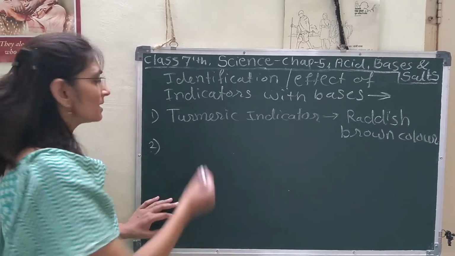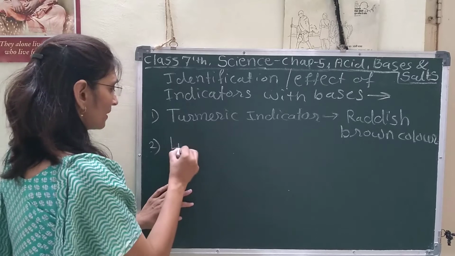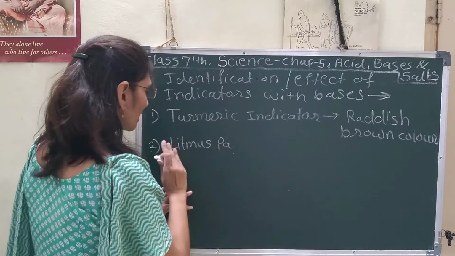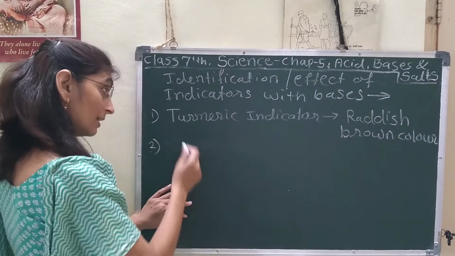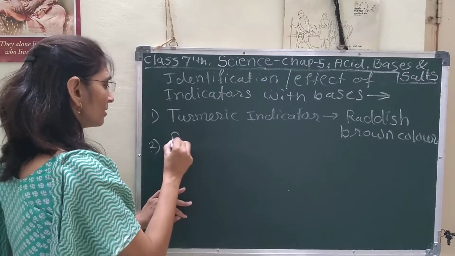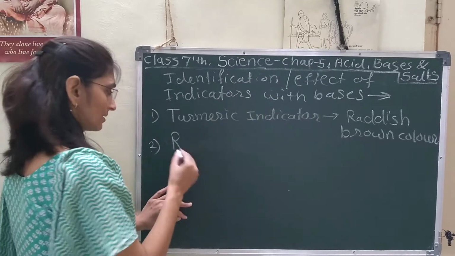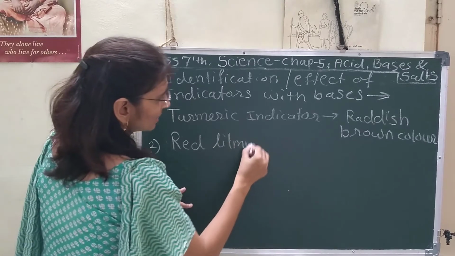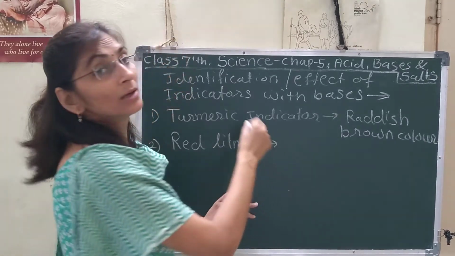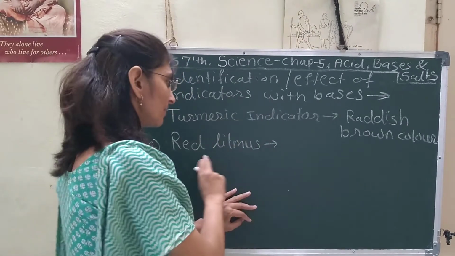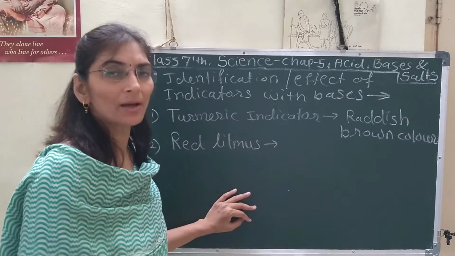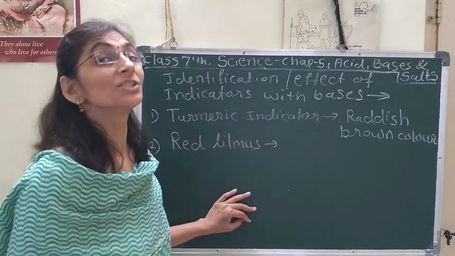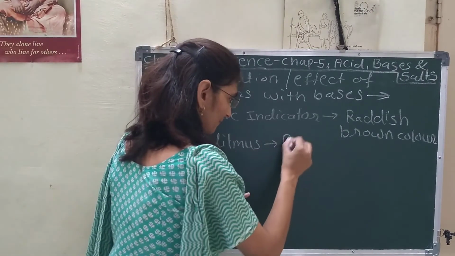The next indicator is litmus paper. Specially, the red litmus paper will give the result with base, means the reaction of red litmus paper will happen here with the base, and the red litmus paper will change into blue in color.